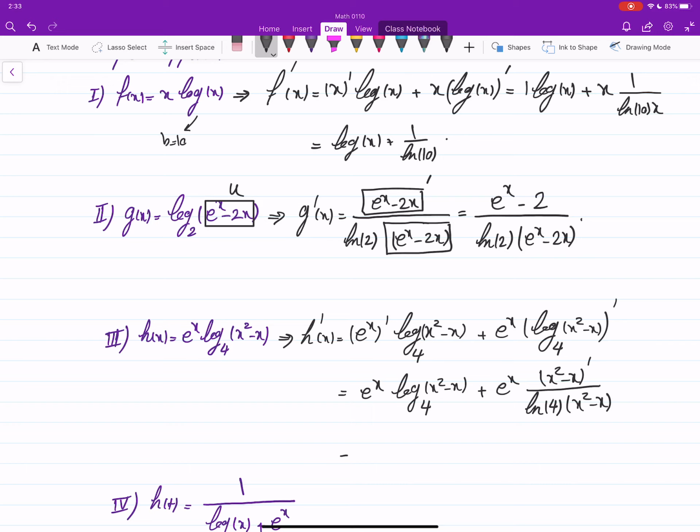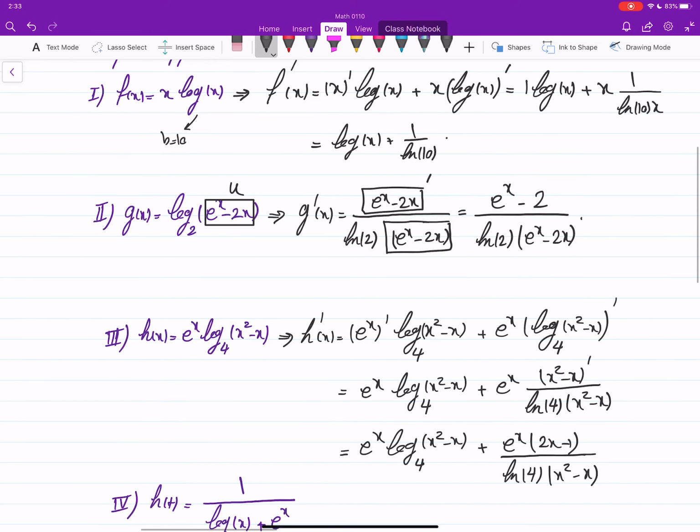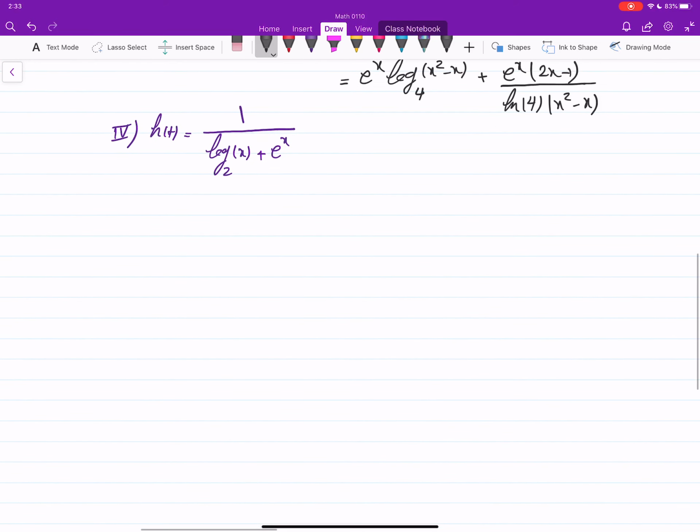And that gives us e to the power x log of x squared minus x base 4, plus e to the power x times 2x minus 1 over ln of 4 times x squared minus x. Nice.